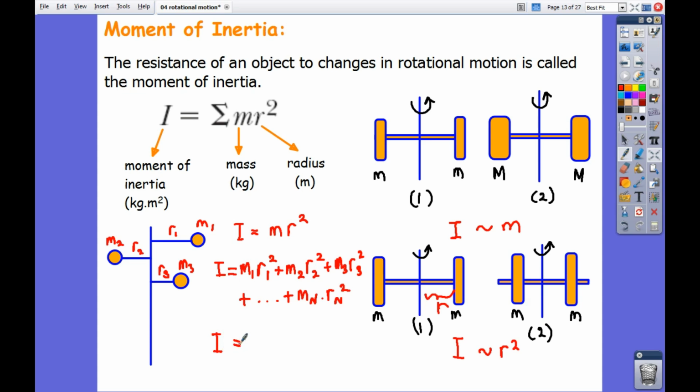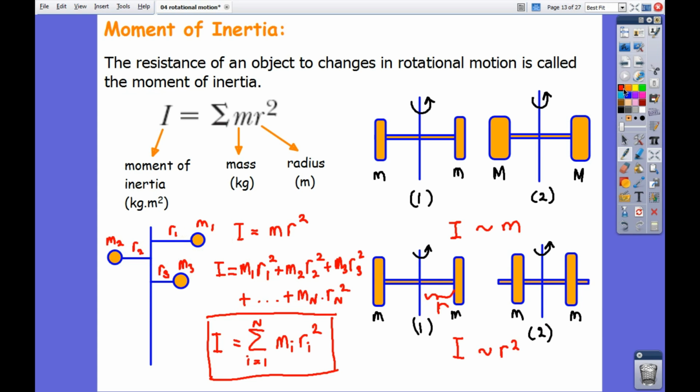If there are 1,000 or n number of masses, we can use sigma, from the Latin letter S, for sum. So we can write mi ri squared, where i is the index, starting from 1 until n, for example n equals 100. So this is a simple way to write down moment of inertia.